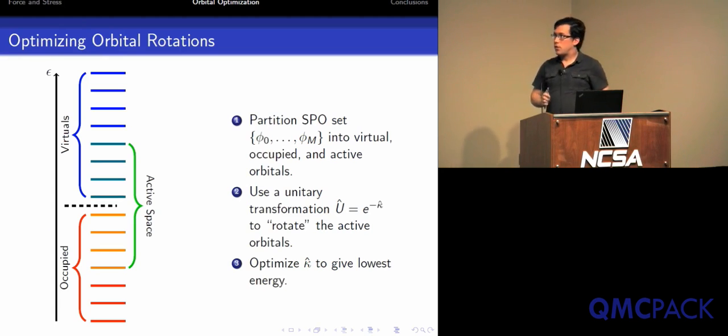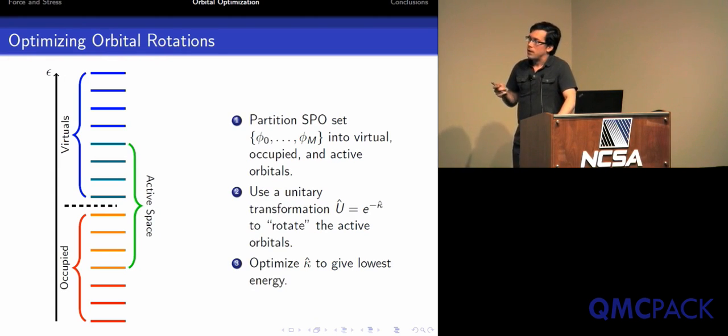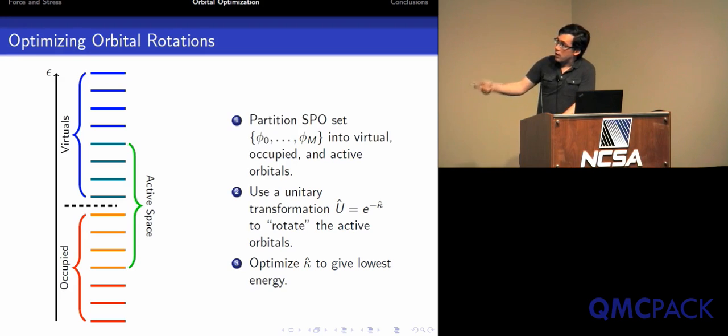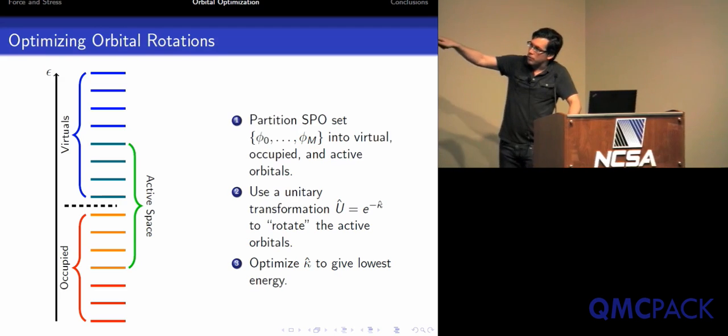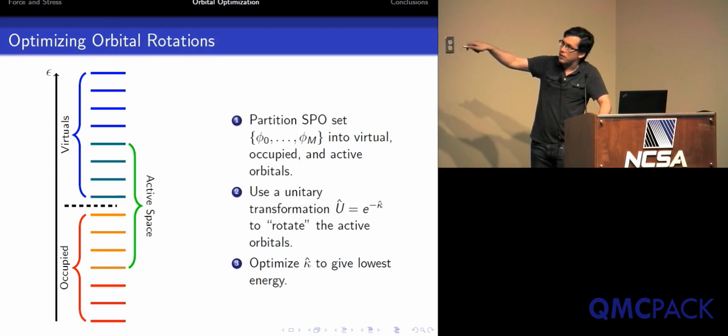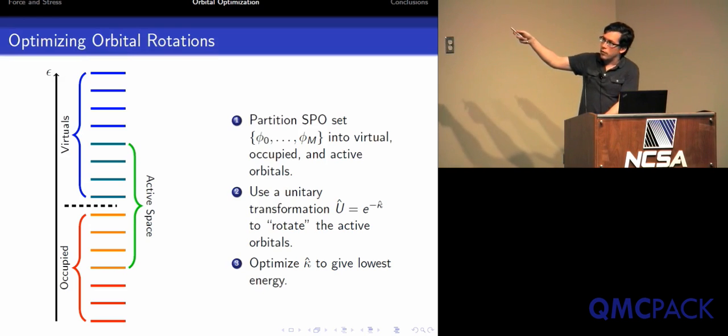So what is implemented in the code works as follows. Instead of optimizing parameters within the independent orbitals, what we do is we take our entire orbital set and arrange it in order based on energy, and what I have over here are basically occupied orbitals. So we would build a single determinant out of this, and we have a bunch of other orbitals that we call the virtuals.